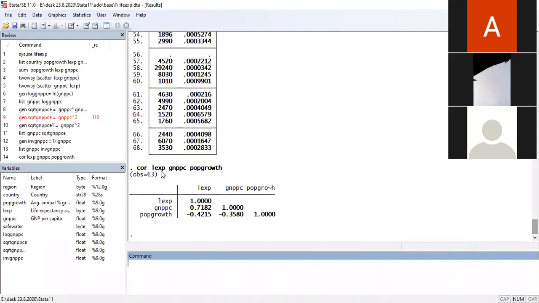Look at this column: the first column is with LEXP. Take LEXP, and the first one is 1, because it's between LEXP and LEXP. Correlation of a variable with itself will always be 1.